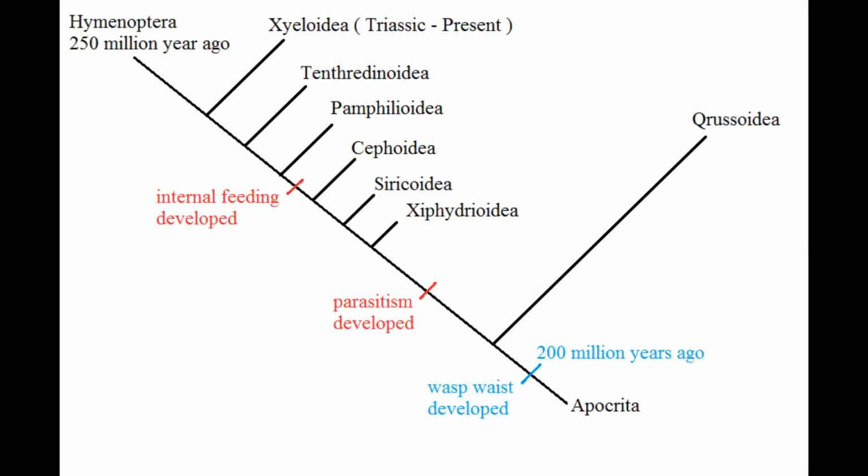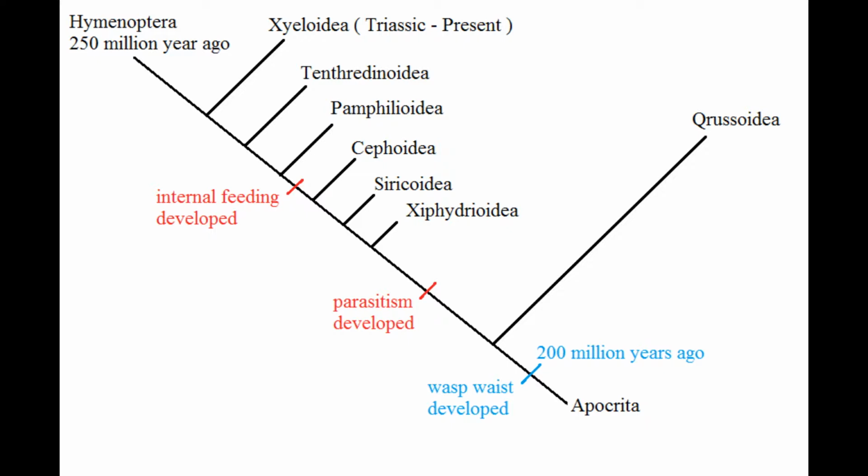This is the phylogenetic tree of the parasitic wasps. It shows the evolution of parasitic wasps. The first common ancestor of the parasitic wasp actually existed 250 million years ago, and we classify them as Hymenoptera.